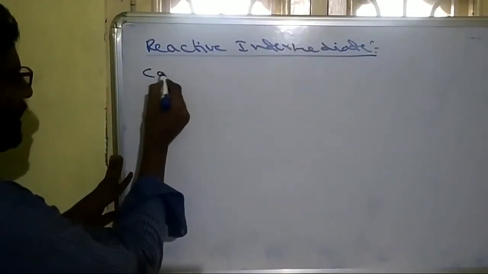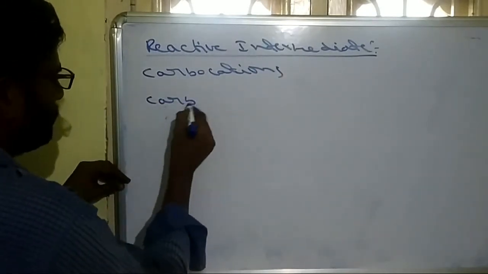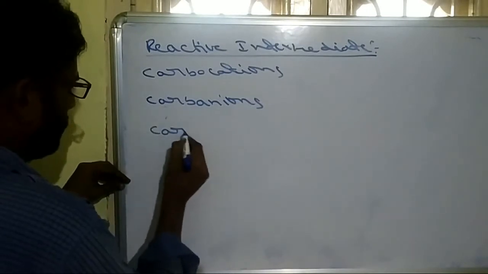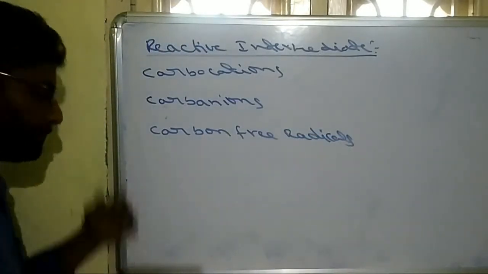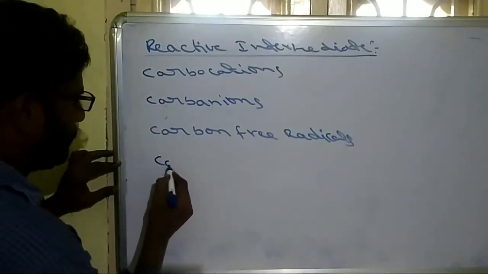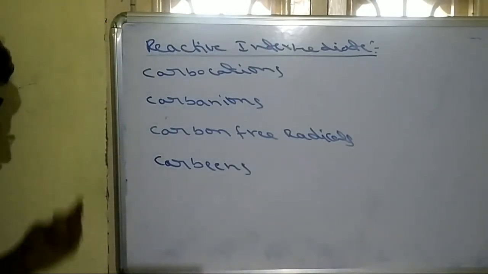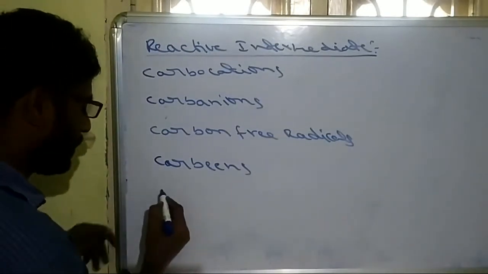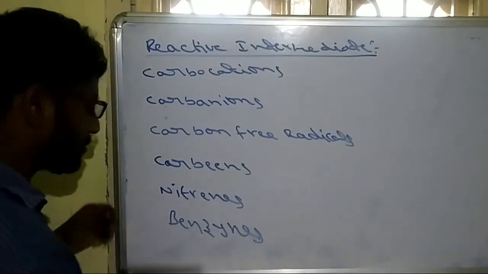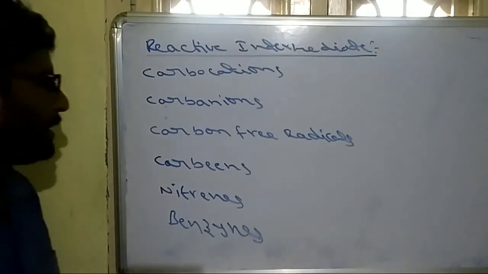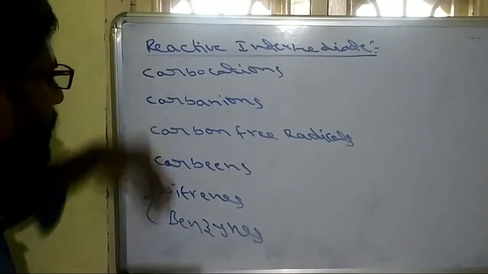Reactive intermediates can be carbocations, carbanions, carbon free radicals, also carbenes, and we can also take nitrenes and benzynes. So all these are reactive intermediates. Nitrenes and benzynes are a very rare condition; mostly they will ask about the first four. All these are reactive intermediates.